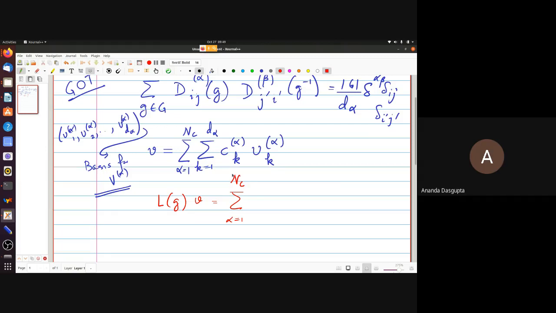So this curly N_C, which I tried to write here, is the number of classes or the number of irreps. And it's going to move over the sum. C alpha k are just coefficients. It's going to go and act on V_k alpha. And we know what will happen. It acts on V_k alpha, we are going to get V alpha l, D alpha lk.